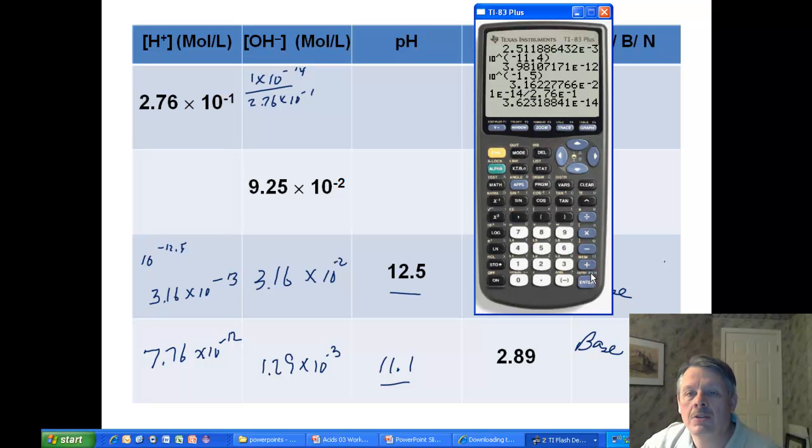Okay, so that comes up as our pH. That definitely is not right. What did I not do right? I'm going to try it again because I know that's not right.